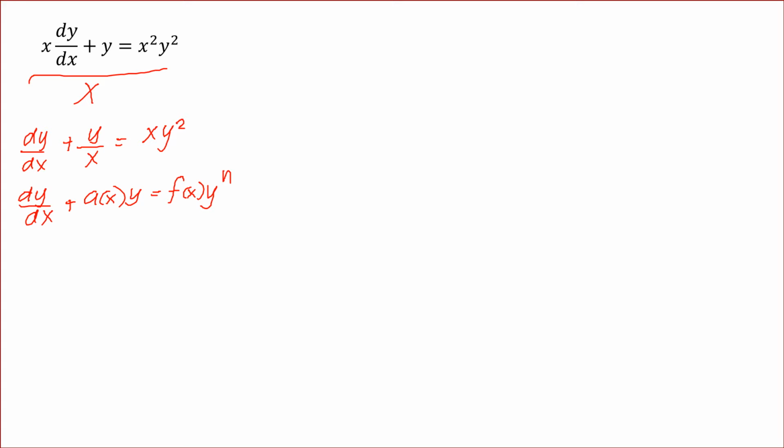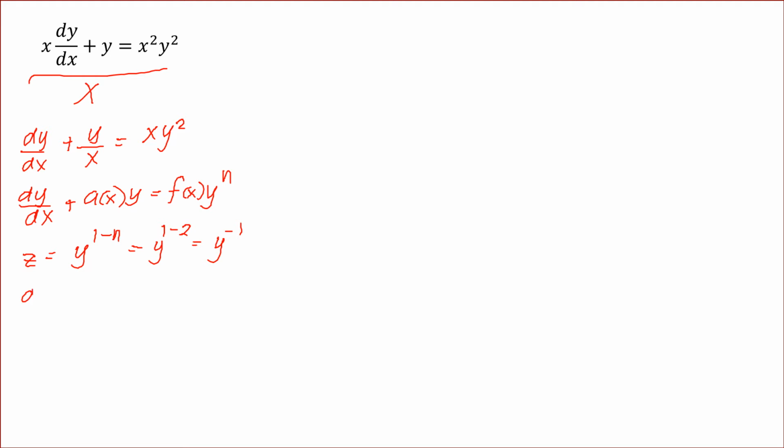So we let z equal y to the power of 1 minus n. In this case, we have a 2, so that is y to the power of minus 2, which is equal to y to the power of negative 1.